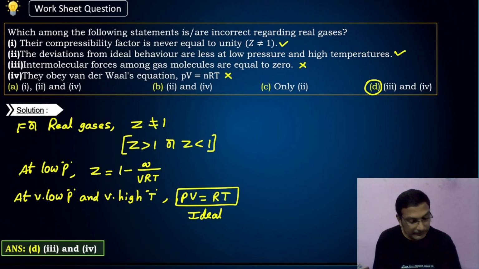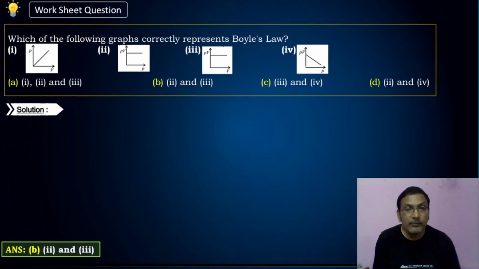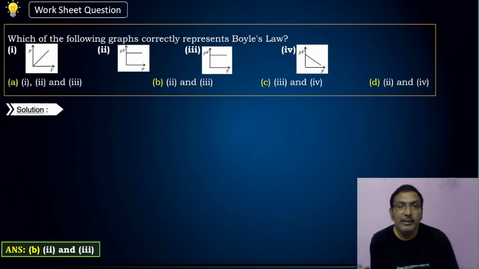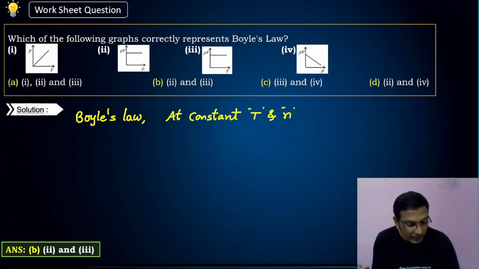Next. Which of the following graphs correctly represents Boyle's law? Already we have discussed this. Boyle's law: at constant temperature and number of moles, volume is inversely proportional to pressure, or PV equals constant.